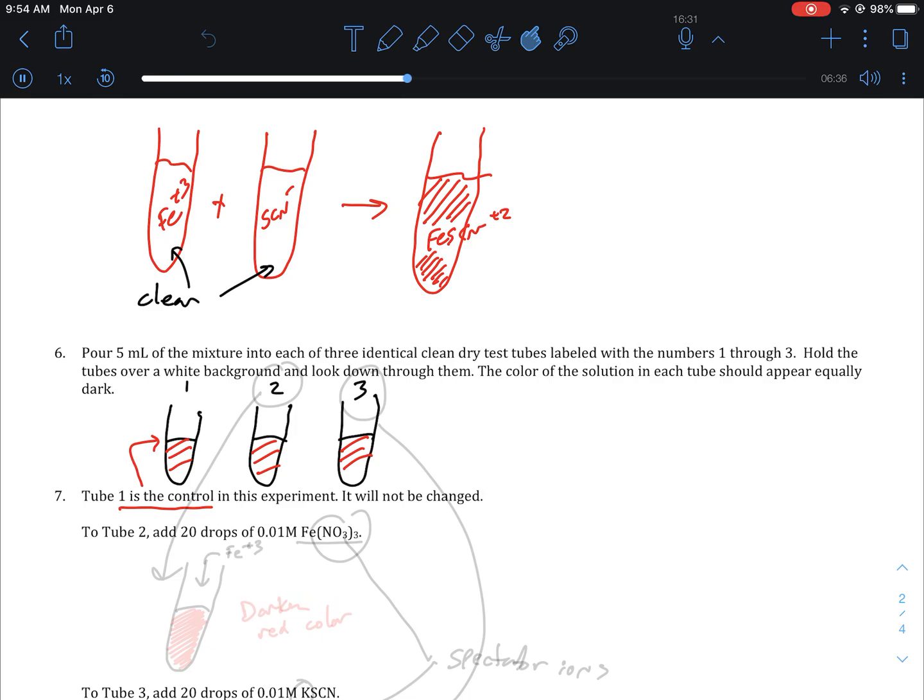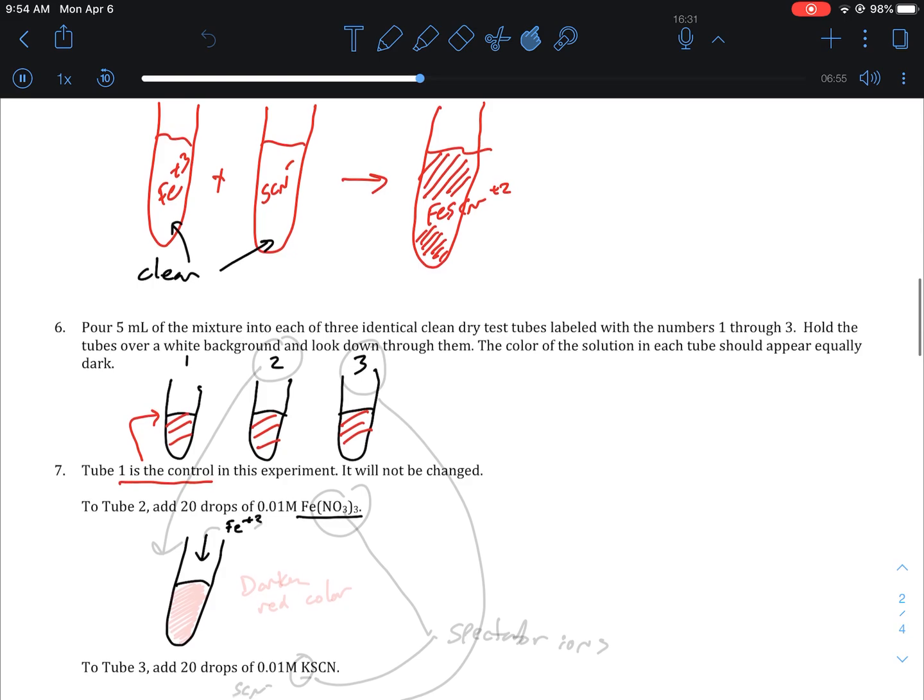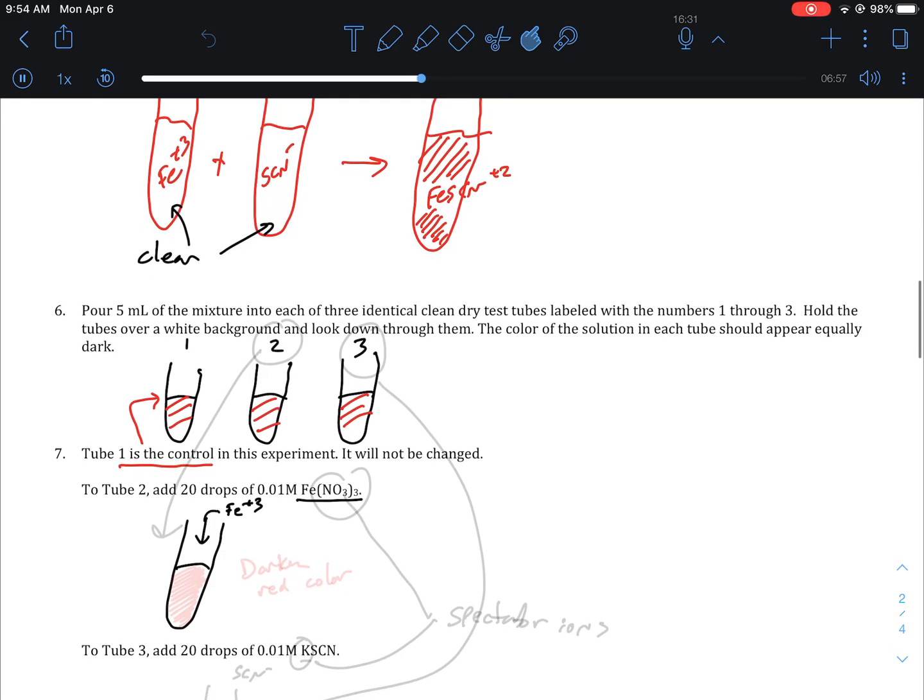In tube 2, we added 20 drops of iron nitrate. Now, the nitrate is completely soluble. It's a spectator ion. That's not really what's important here. The point is we are adding more of this ion, more of the iron.